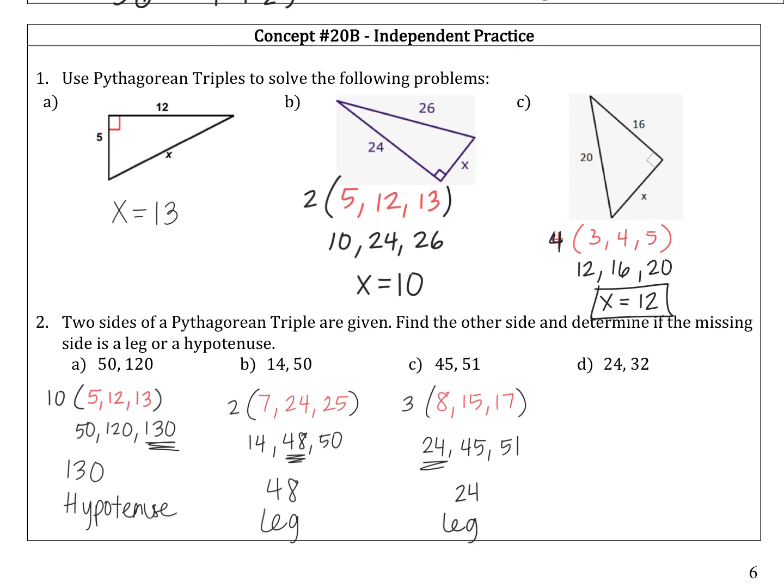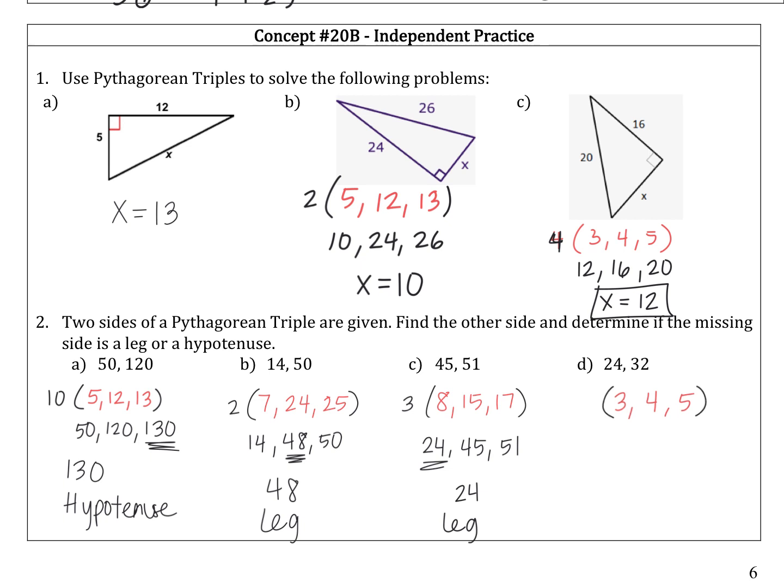Okay, and D, best one on the page. Got multiplied by quite a bit. Oh, it did. You don't see it directly on the chart, but it's a multiple of something. Anybody find it? 3, 4, 5.